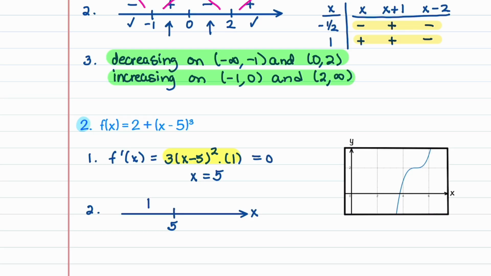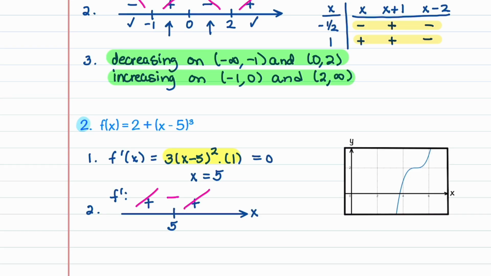So we're going to have a positive value for f prime to the left and a positive value to the right. So our function is increasing and increasing. One thing we have to keep in mind though, at 5, the derivative is equal to 0, so the function has a horizontal tangent and is not increasing there.